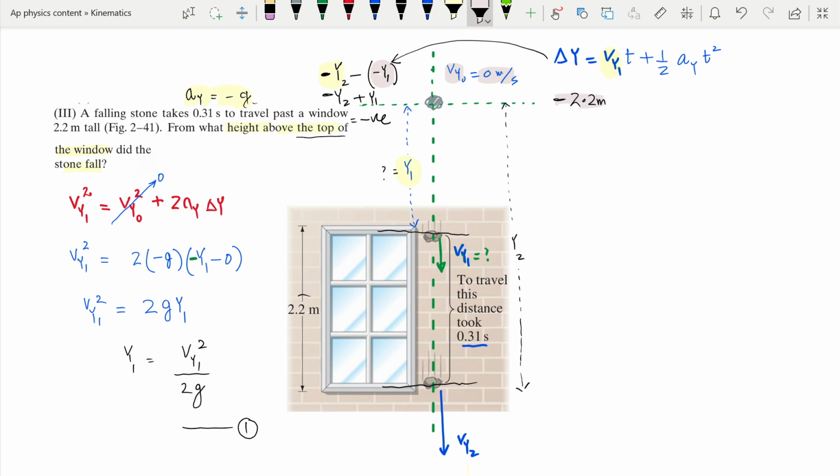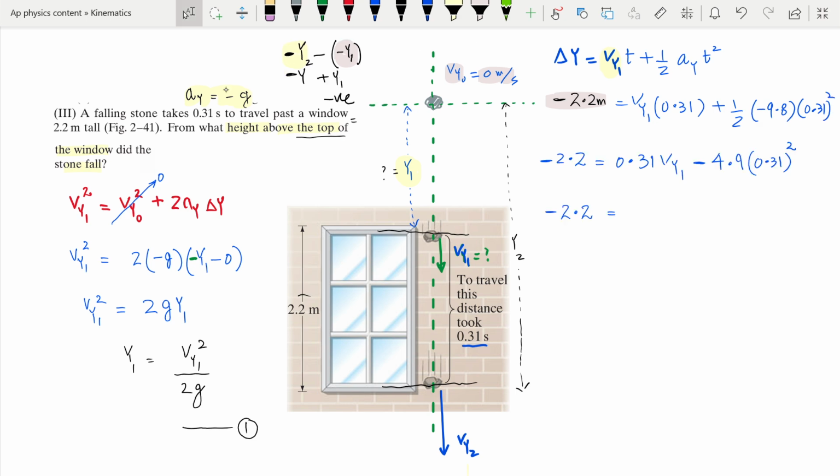That's why I'm substituting a negative 2.2 meters here, equal to, what is vy1? That's what we want to find out, into 0.31 plus 1 over 2 into negative 9.8 into 0.31 squared.